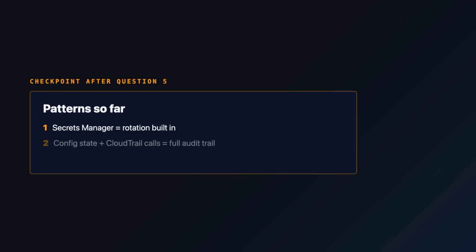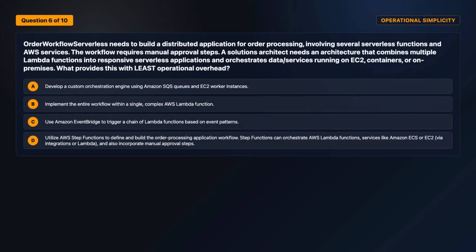The first 5 covered credential rotation, Config plus CloudTrail pairing, SQS write buffering, multi-AZ spreading, and Aurora read isolation, the core decoupling toolkit. Now, question 6. Underline the key phrase mentally. Order Workflows needs to build a serverless distributed application for order processing, involving several serverless functions and AWS services.